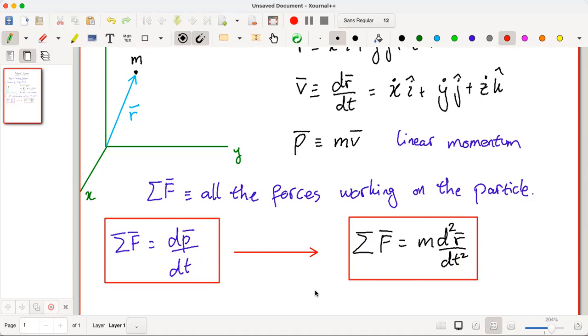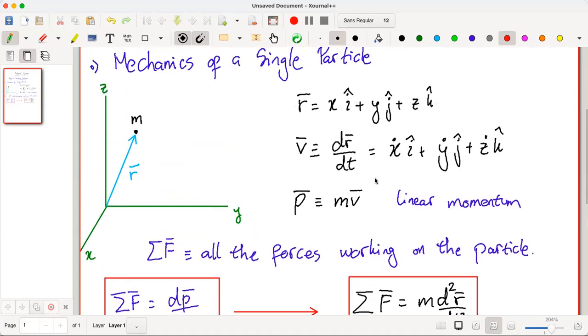But in general, this type of equation is a second order differential equation, and the solution of this differential equation is what we call the equation of motion. The solution of the equation of motion is basically r, the position vector.